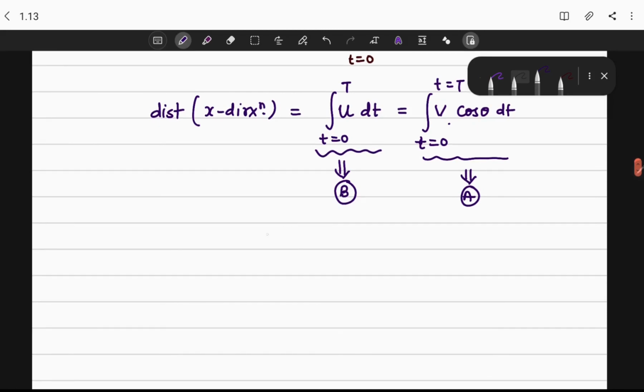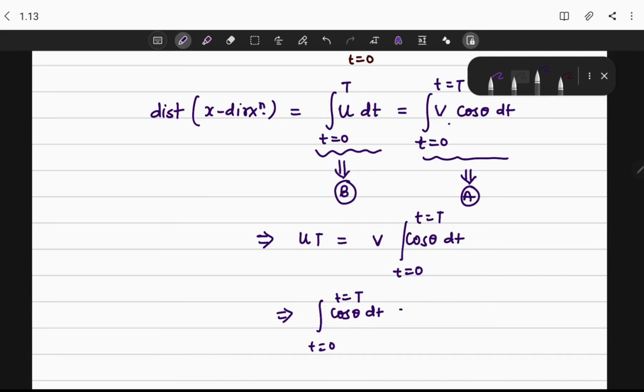If we solve this equation, we get u times T is equal to v times integral of cos theta dt from t is equal to 0 to T. And from here we can find the integral of cos theta dt from 0 to T is u times capital T divided by v.